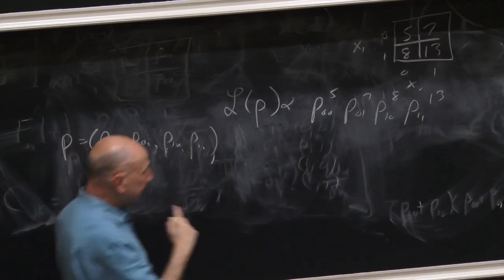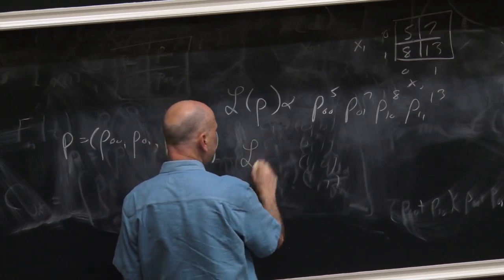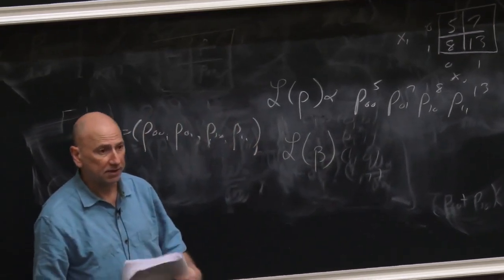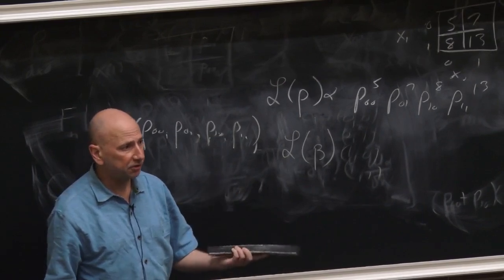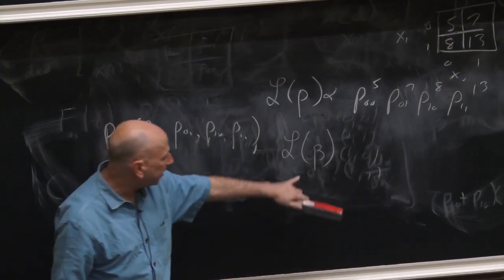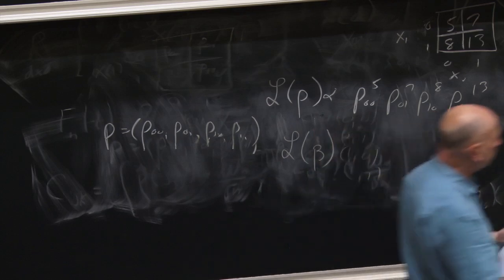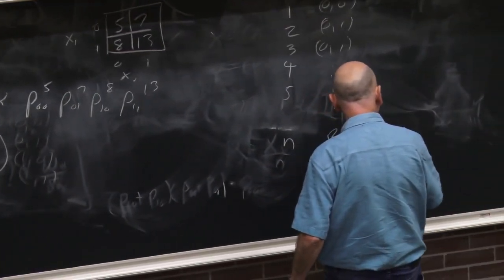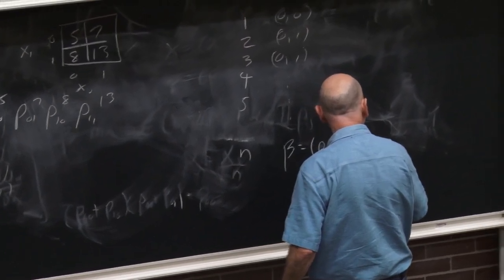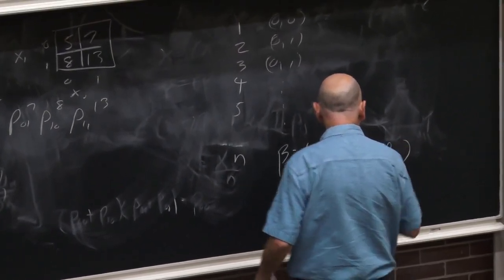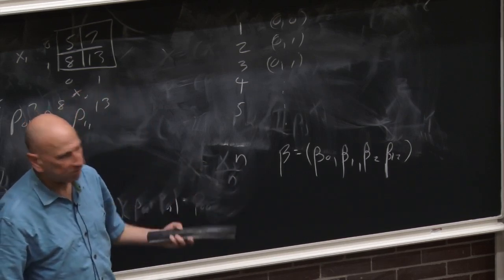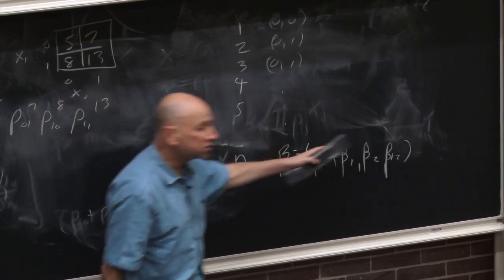However, I can think of this as a likelihood function for beta in the following sense. Imagine the computer, for any vector of betas, where beta is beta 0, beta 1, beta 2, and beta 1,2. Imagine you were doing, this isn't how it's done, but imagine you were writing a program doing, say, a grid search over beta.